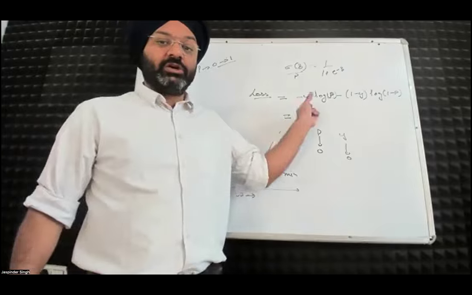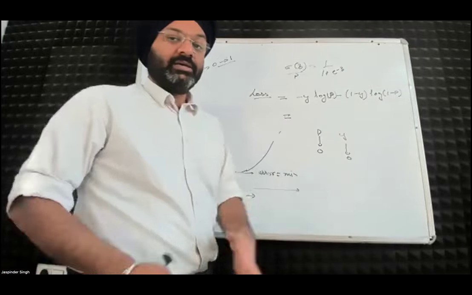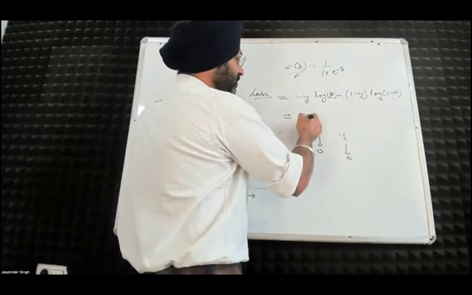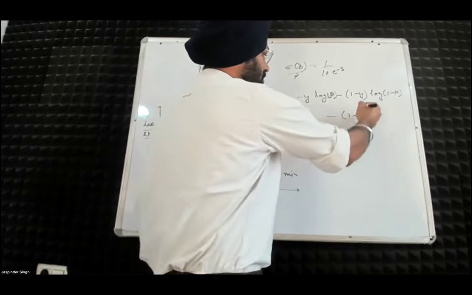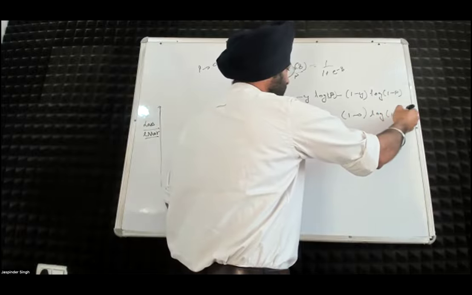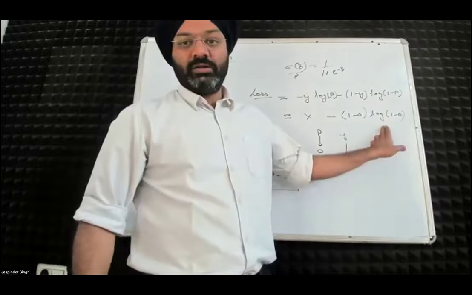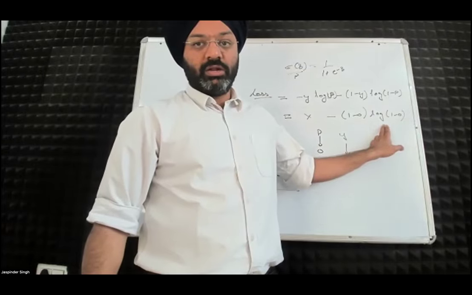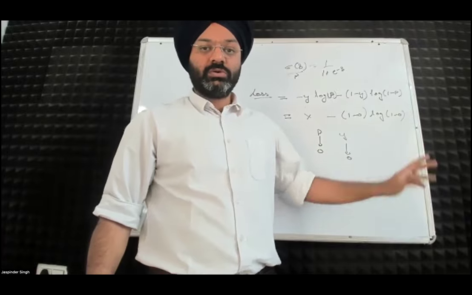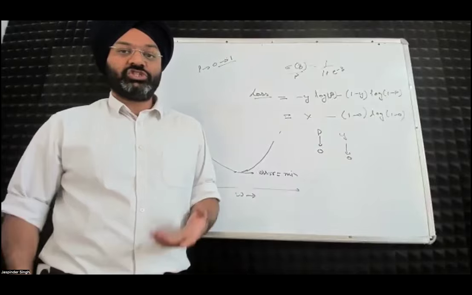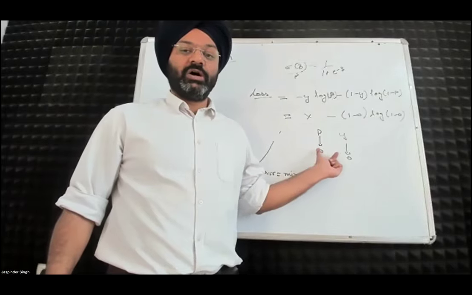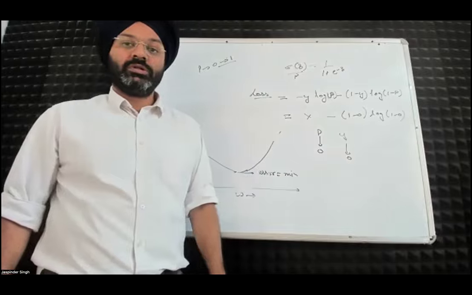So my loss should be equal to 0 in that scenario. Let's see it. Since y is equal to 0, the first term is 0. If I go over here, 1 minus 0, log of 1 minus 0. What is log of 1? 0. So the total loss is 0, which is perfectly correct. My loss should be 0 if my predicted value is 0 and my y value is also 0.